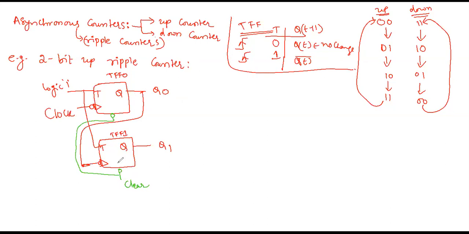With the help of clear input, initially clear is equal to 0, then Q0 is equal to 0 and Q1 is equal to 0. Both are set to 0. Now, make clear equal to 1 and apply clock pulses.